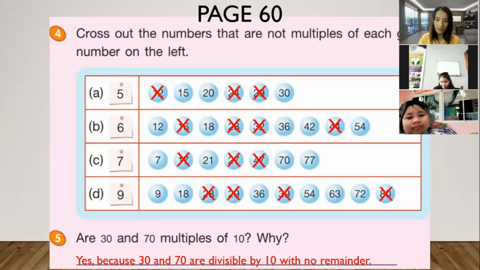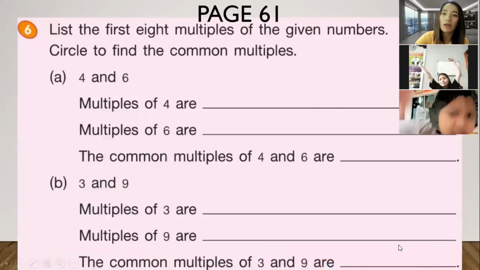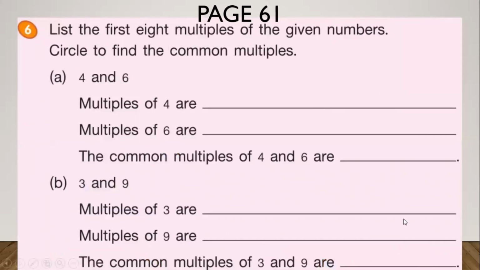Okay, let's go to the last page of our activity. Page 61, number 6. List the first 8 multiples of the given numbers. Circle to find the common multiples. Letter A, 4 and 6. What are the first 8 multiples of 4? We'll start with 4, 8, 12, 16, 20, 24, 28, 32.